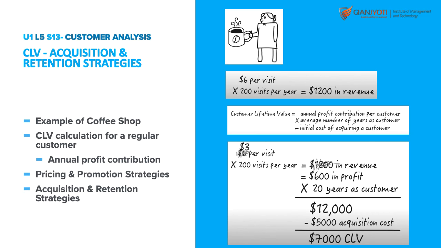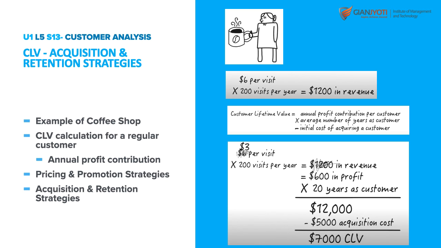Now when you look at this quantitatively, in order to increase the CLV, you can have some strategies, which could be pricing and promotion strategies, where the customer spends more than $6 for each visit, or maybe you try to increase the number of visits of this customer. You may also work on other strategies like lowering the variable cost or the acquisition cost.